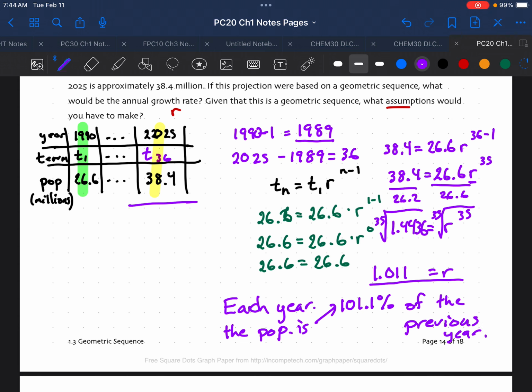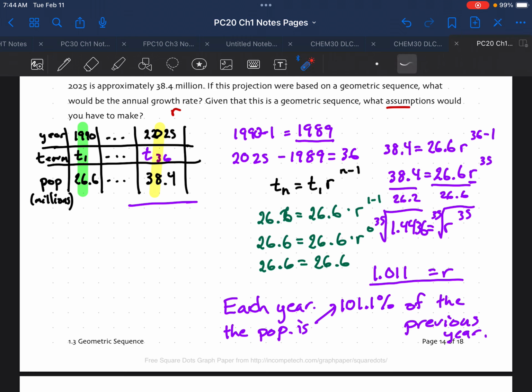Or the population goes up by 1.1% each year. We're assuming that it goes up the same rate every year. Probably doesn't. But we'll say it's close. And this projection is off because the population of Canada is approximately 40.1 million right now.